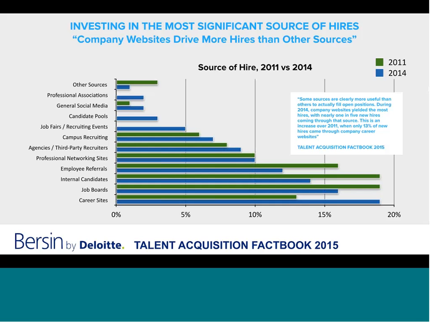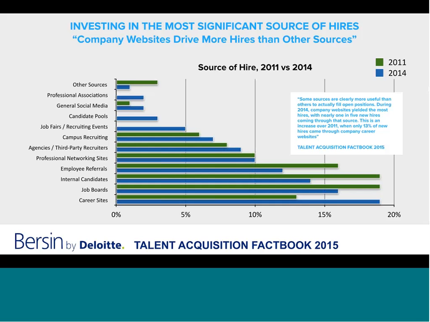There was some recent research that was put out by the folks at Bersin, who again are doing a tremendous job in documenting a lot of relevant statistics for our industry. They came out with some research just recently in the Talent Acquisition Factbook that said that career sites and company websites are driving more hires than any other source today, and that 1 in 5 hires are coming directly attributed to career sites.